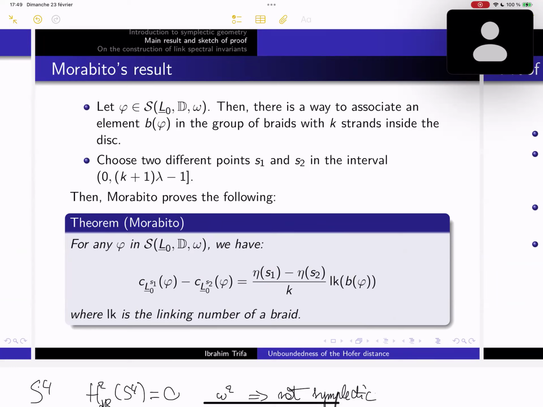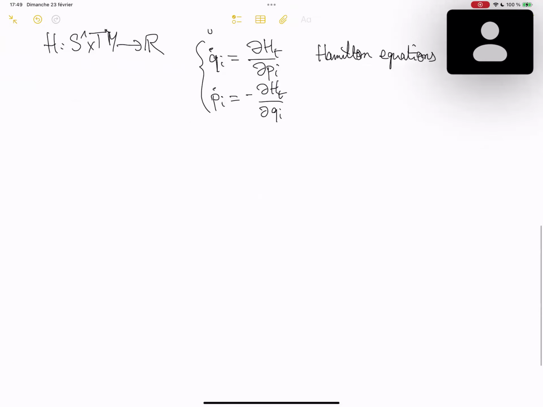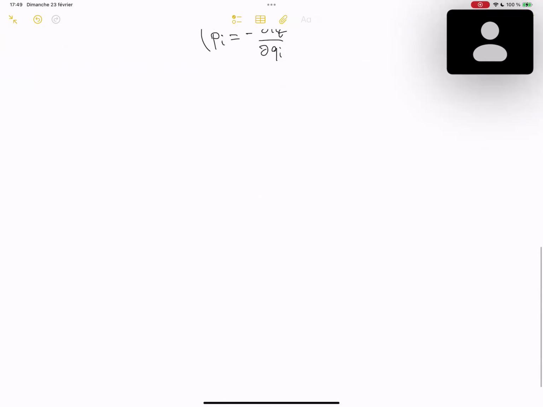If you have a Hamiltonian diffeomorphism in the stabilizer of L_0, this means a Hamiltonian diffeomorphism that maps the union of circles to itself, then there is a way to associate to such a diffeomorphism an element of the braid group with k strands. Let me draw a picture. I have my disk, and I have k circles inside the disk.